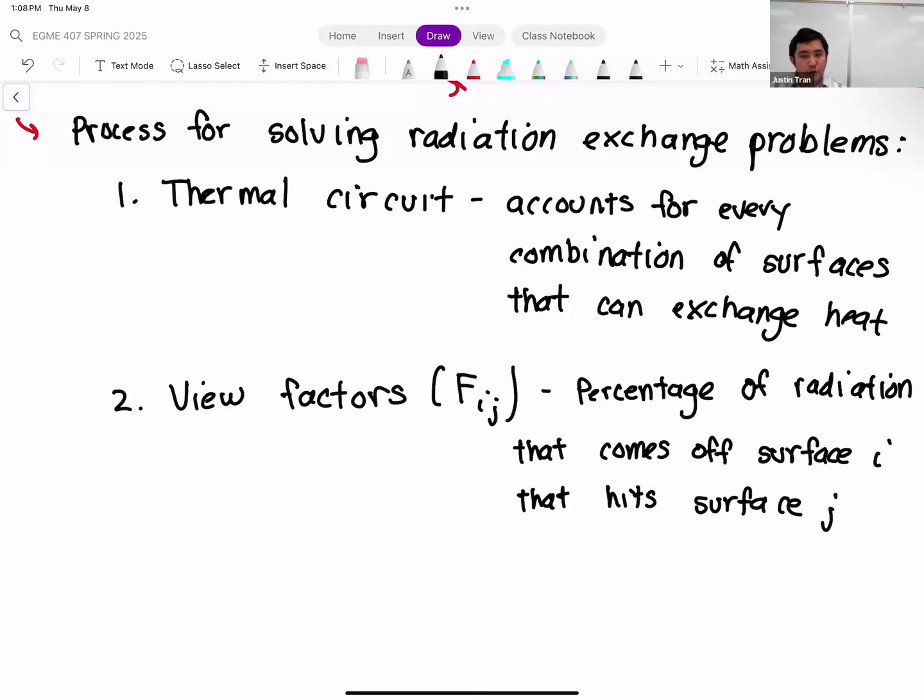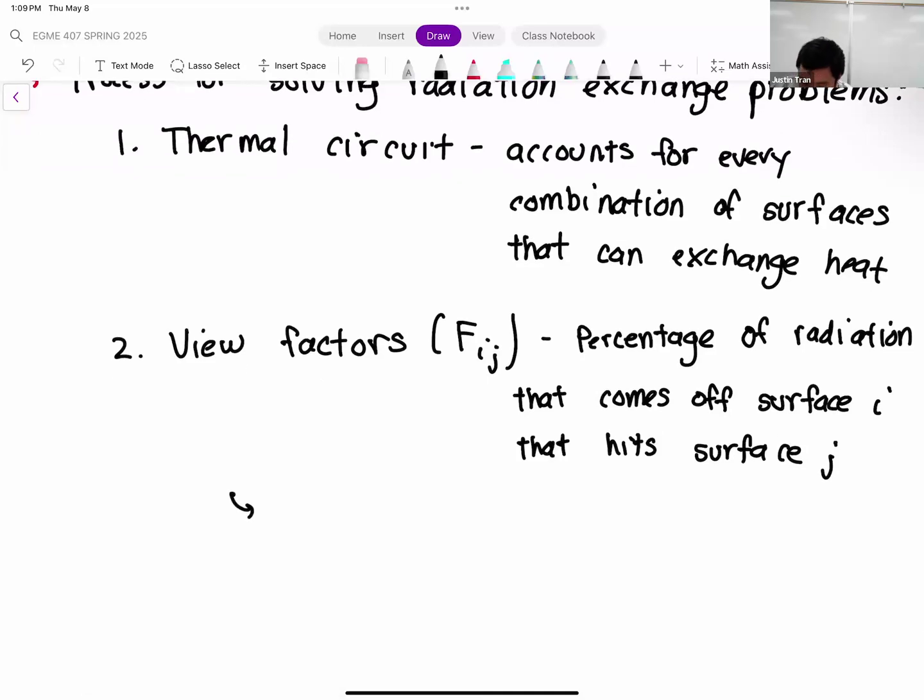So remember, it's through these view factors that we simplify our calculations, because if you were to analyze these radiation problems from the governing equations, the geometry often becomes very, very difficult. With the view factors, we're able to simplify that and do things in a very algebraic way. And the advantage of using view factors is that they have quite a few properties that we can take advantage of.